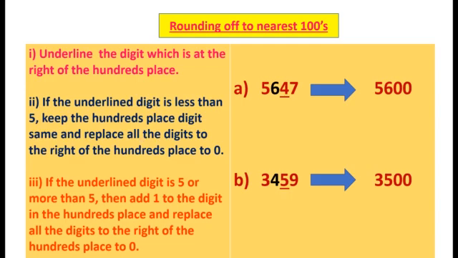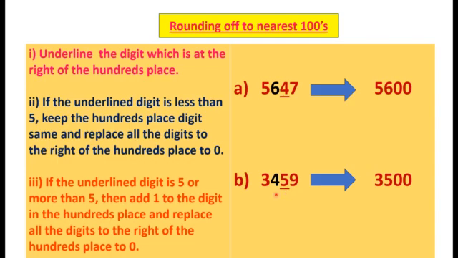Now next question is 3459. Okay, now we have to first of all underline the digit which is at the right of the hundreds place. So we have underlined 5. Okay, and what is our hundreds place digit? That is 4. Okay, now what we have to do, we have to check if the underlined digit is 5 or more than 5.